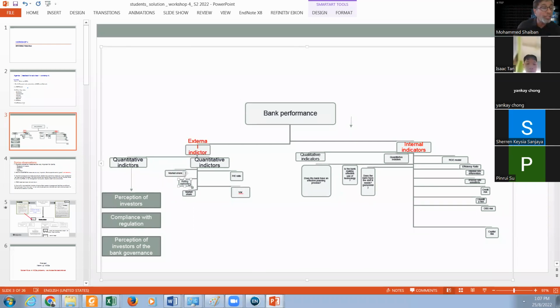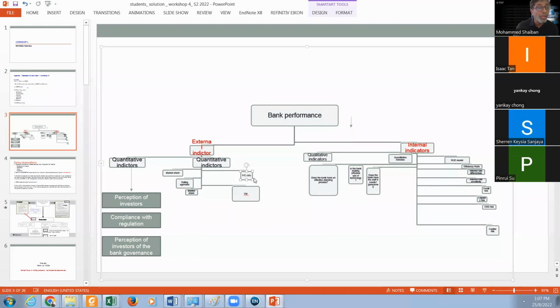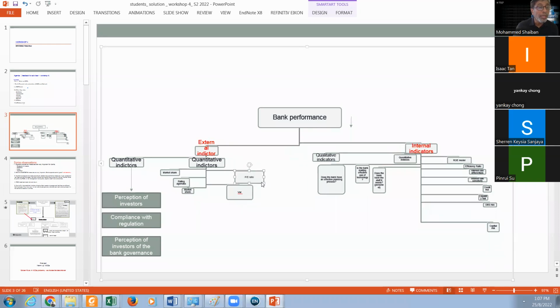You can talk about the market share, the share price, and the value at risk, which means how much risk we have. You can talk about the DA ratio, which is the share price. You can also talk about rating agencies, and as I told you, the market share.